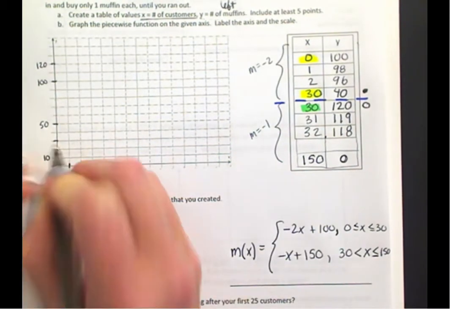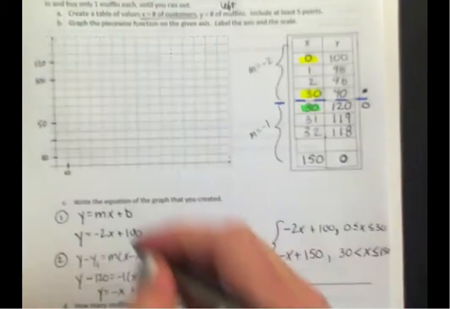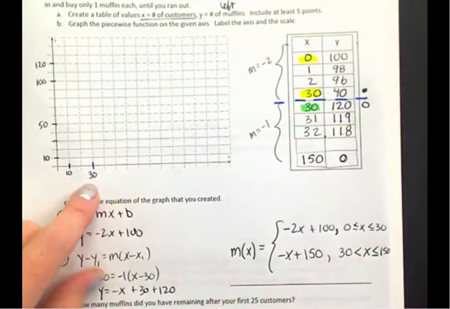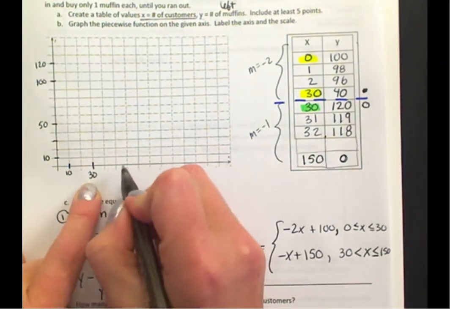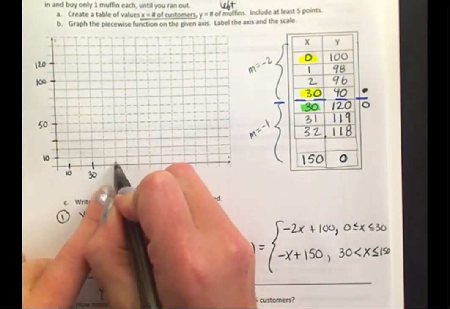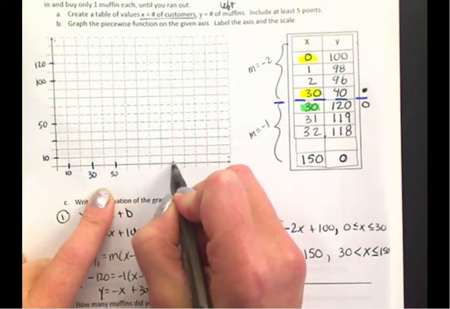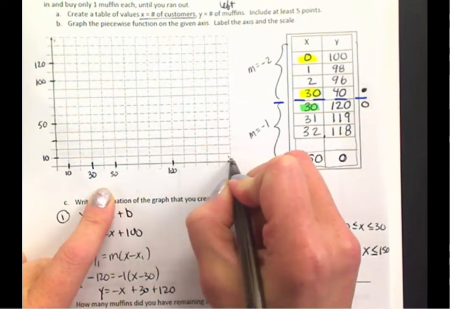You don't have to count by the same units if it doesn't work for whatever size values you have. 20, 30. So I'm going to mark 30 because that's where something's happening. And then 50, 60, 70, 80, 90, 100, 150.